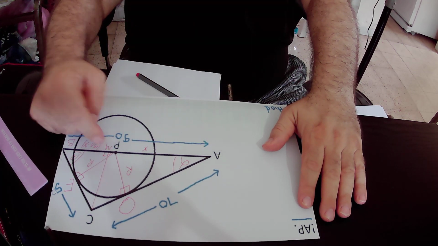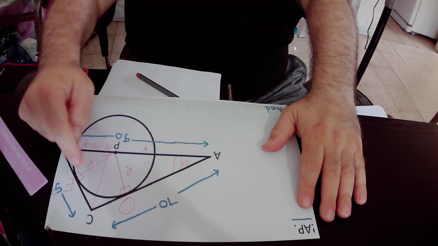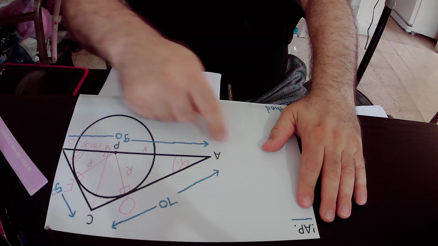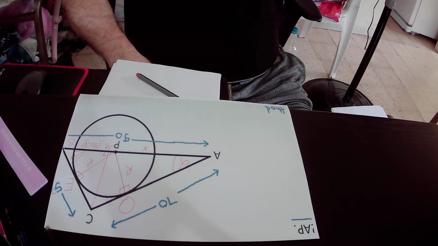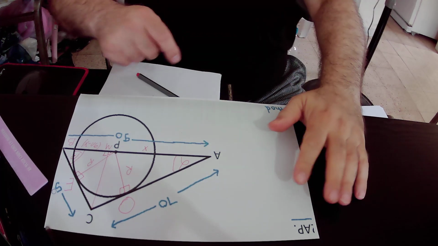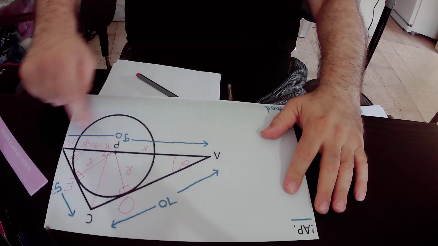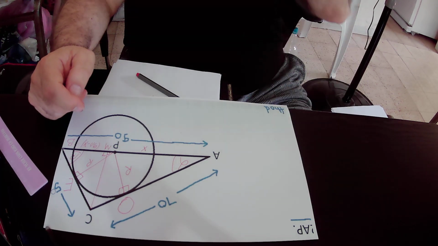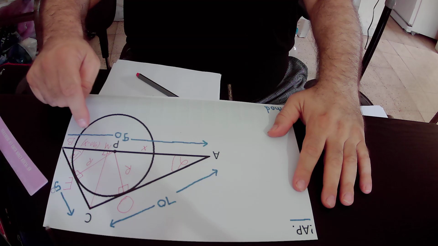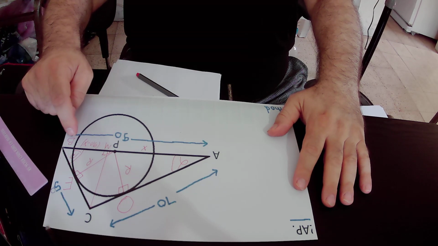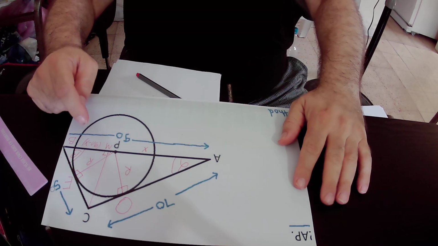For this reason, angle CMB is 90 degrees, and also angle CMA is 90 degrees. And then we define angle CAB as alpha, and also angle CBA as beta. And then we define AP as X, so PB must be equal to 90 minus X. Okay?